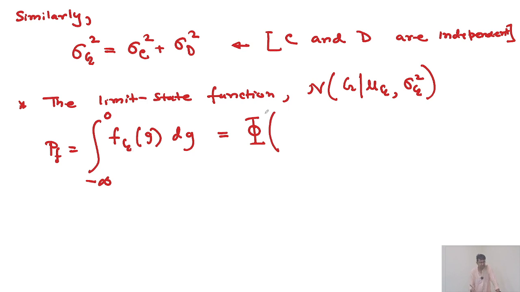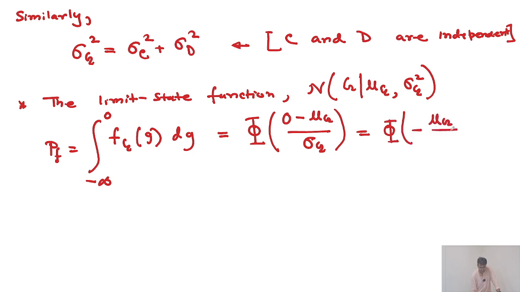How do you convert it? X minus mu by sigma. That's what we do. Now, in case of CDF, that X is my 0, because this is CDF at 0, minus infinity to 0. So this will be 0 minus mu G by sigma G, which is equal to phi of minus mu G by sigma G. Okay.